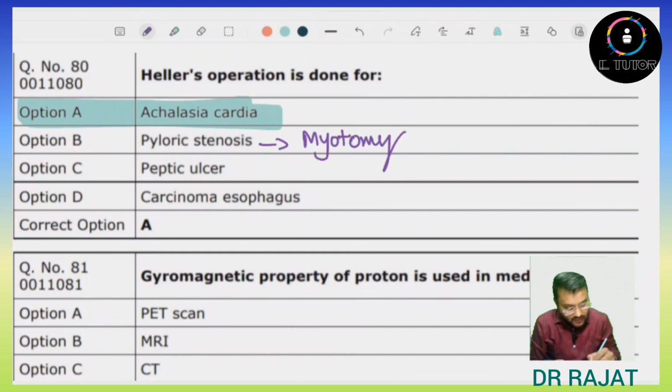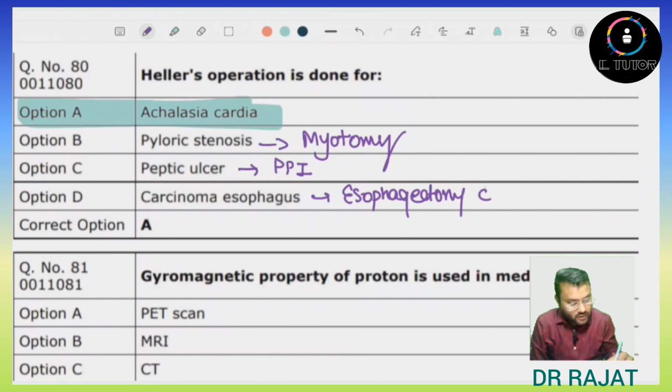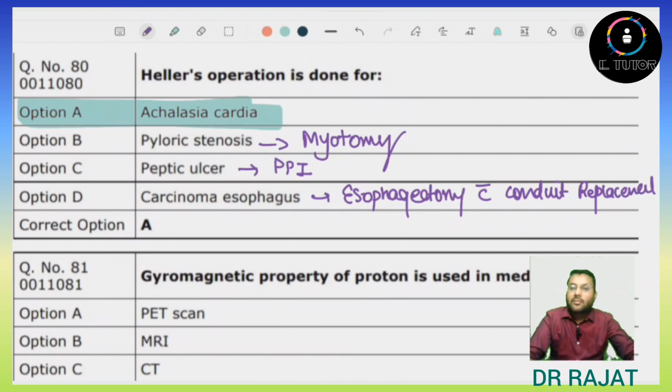For peptic ulcer, we generally give drugs, PPI, and for carcinoma esophagus, in advanced cases, we will do esophagectomy with conduit replacement. So the answer here will be achalasia cardia.